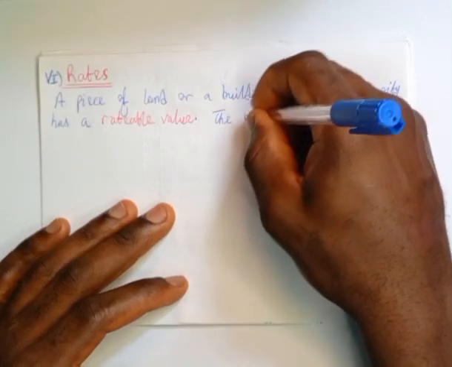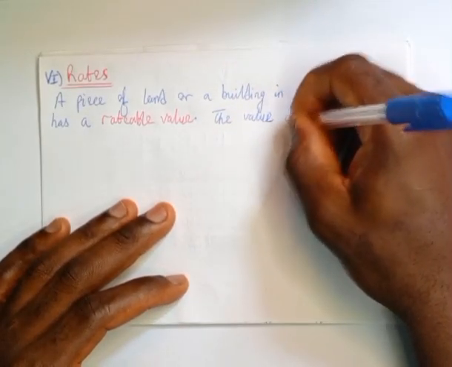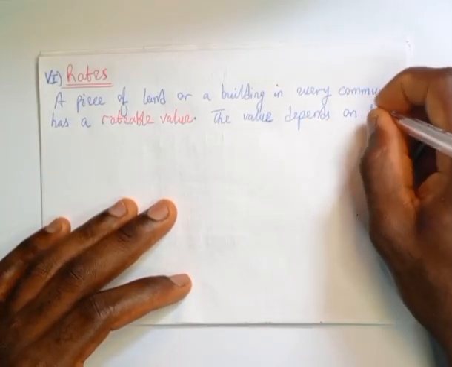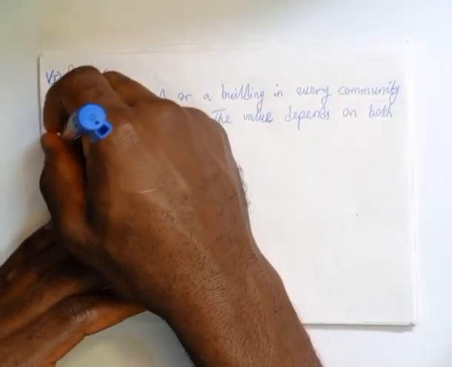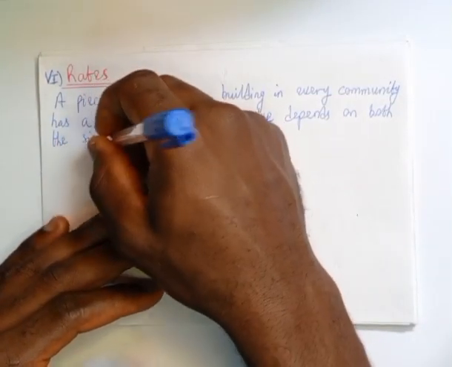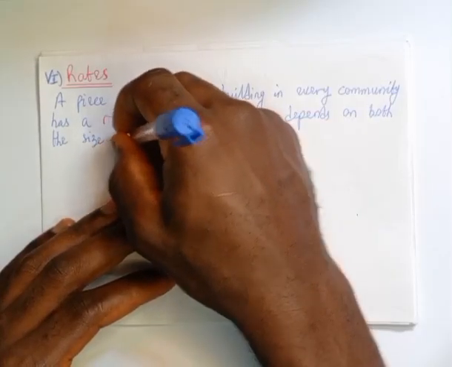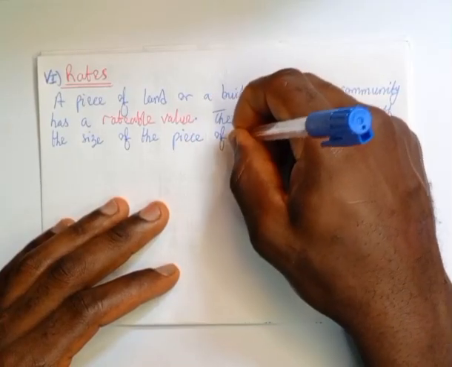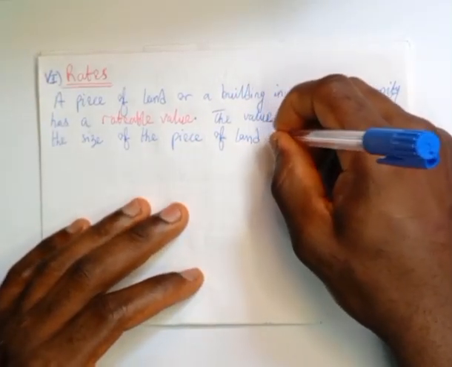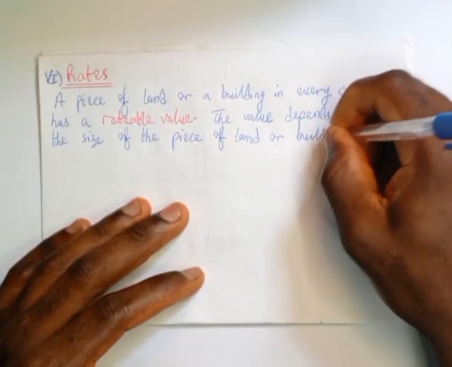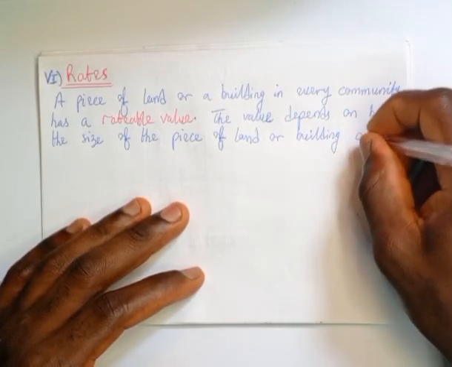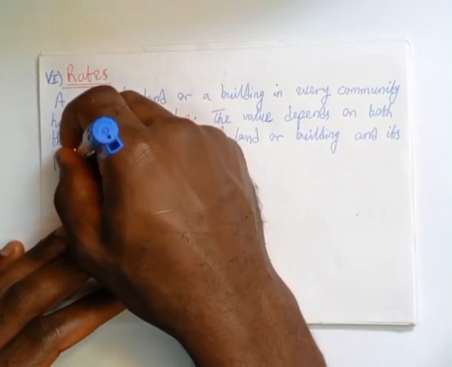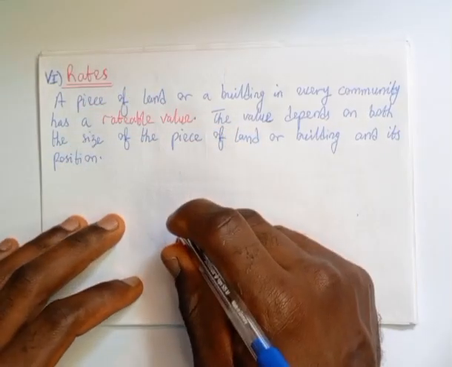The value depends on both the size of a piece of land or building, the size of the building, and its position, where it is located, whether it is in the city or in the village.